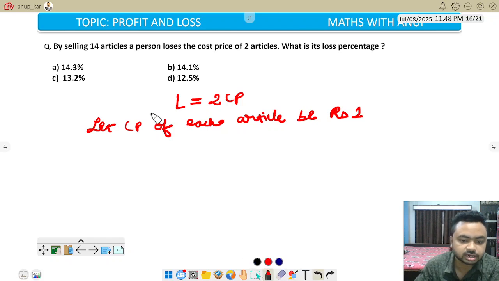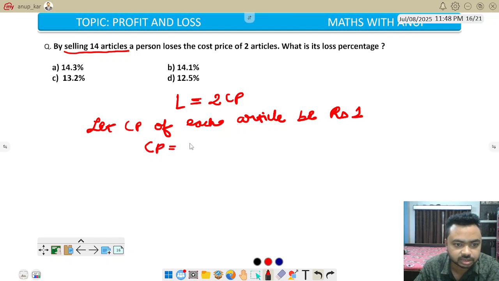So if the cost price of each article is rupees 1, the cost price of 14 articles will be rupees 14, right? And loss is equal to cost price of 2 articles, so it will be rupees 2. So what will be his loss percentage?